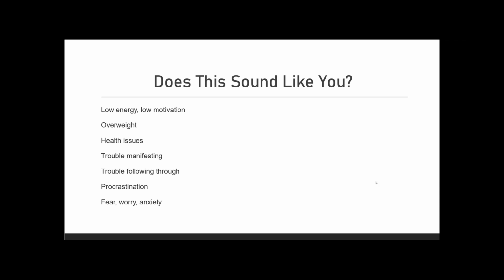Or you notice that you've gained weight, especially around the waist? Or if you have health issues, trouble manifesting, trouble following through, or procrastination on the things you know you should do? And also, who here has fear, worry, or anxiety sometimes?